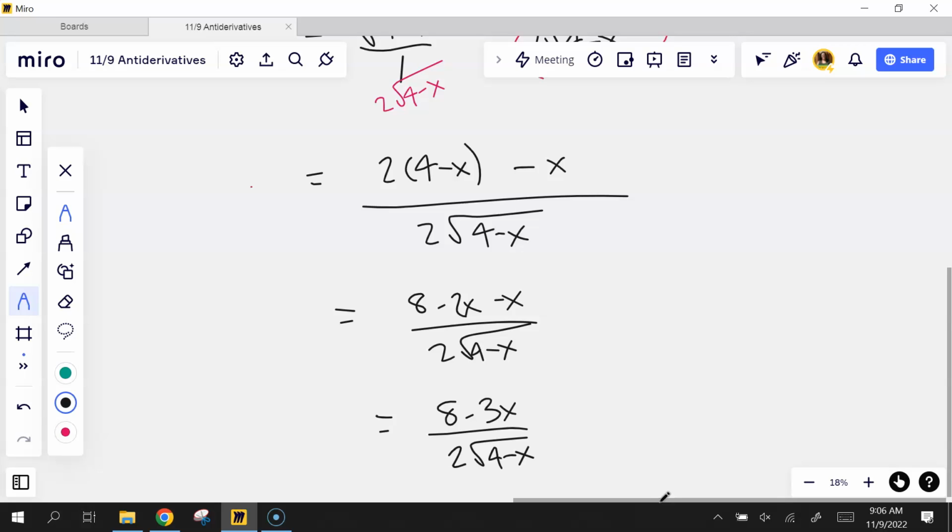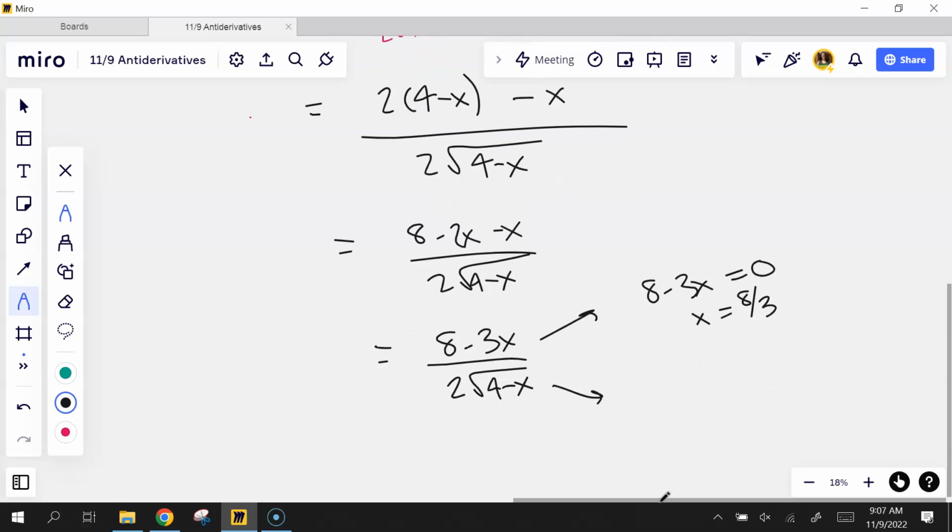Remember, this is the derivative. So now I need to look for undefined points, and I need to look for points where it's 0. Top to 0 first. That's an easy one. 8/3. Bottom to 0 is a little bit harder. Really, I'm looking for where this is 0.